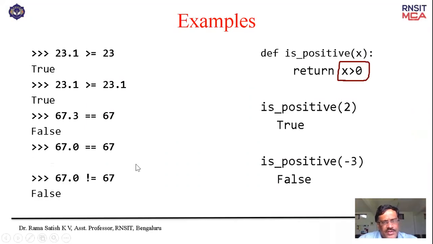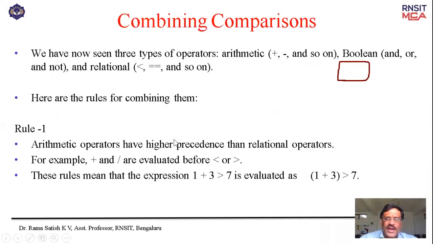They are very similar to your C operators. And you can combine these relational expressions, arithmetic expressions, and Boolean expressions. Boolean expressions in the sense of the and operator, or operator, and not operator. So there are three rules for combining these operators.